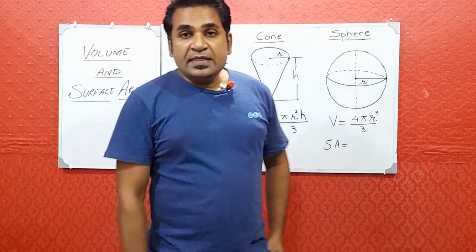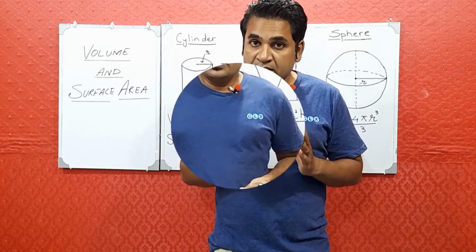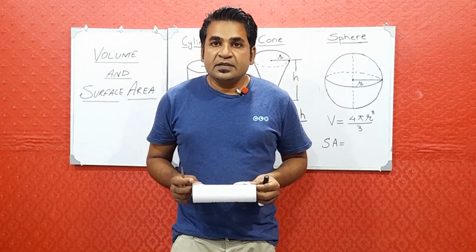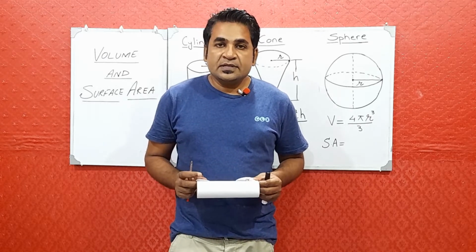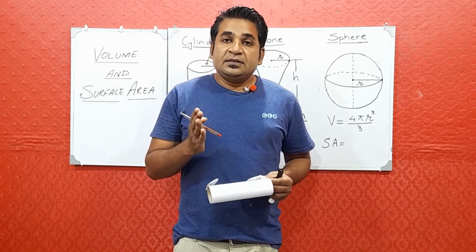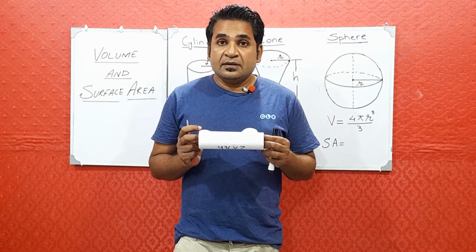Now let's talk about the surface area. Surface area is a bit technical. Let's talk about the surface area of the cylinder. What is surface area? The surface area is basically the area which its surface covers.